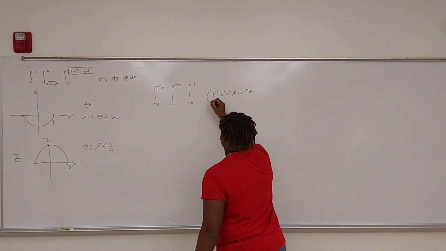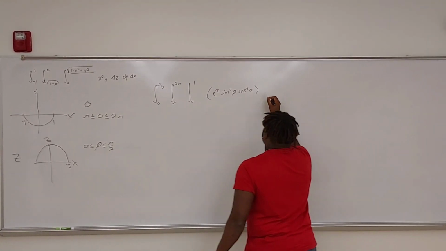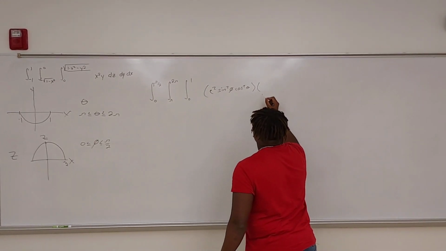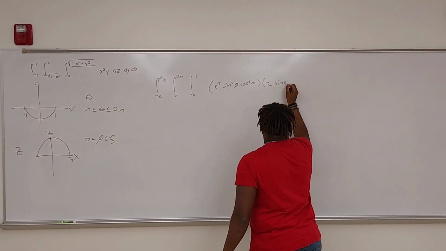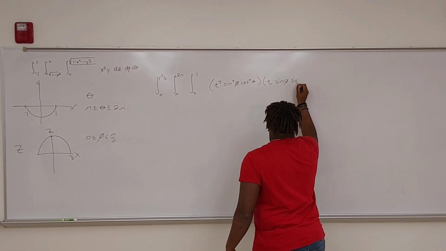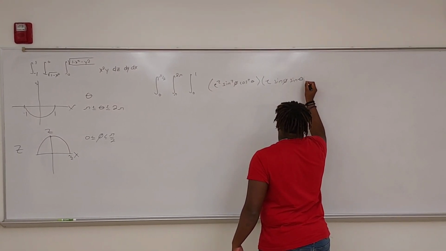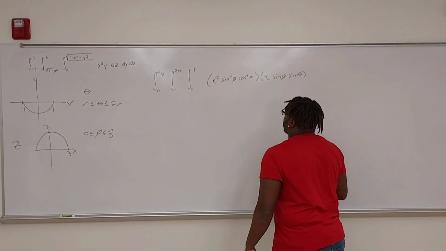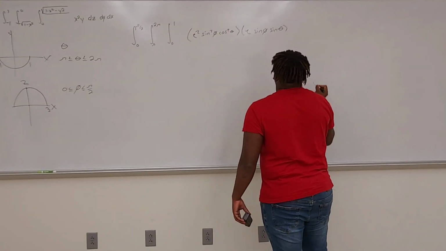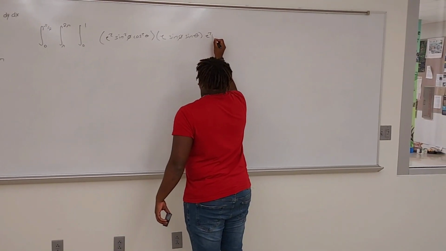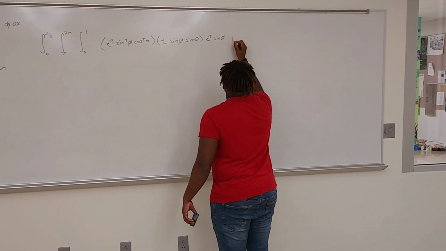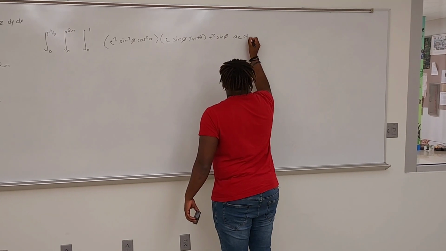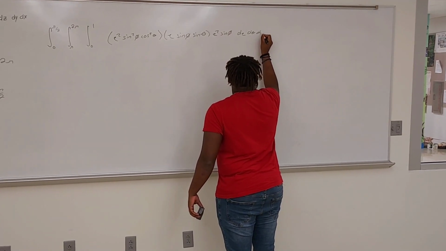This is just for x squared. Now for y, it will be rho sine phi sine theta. And then we have to finish it out with rho squared sine phi d rho d theta d phi.